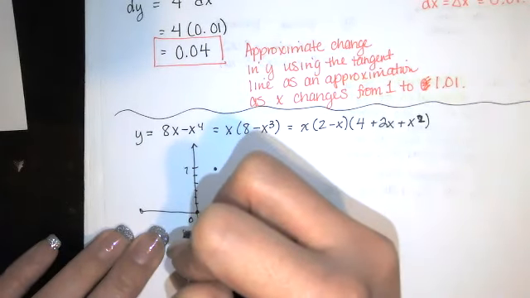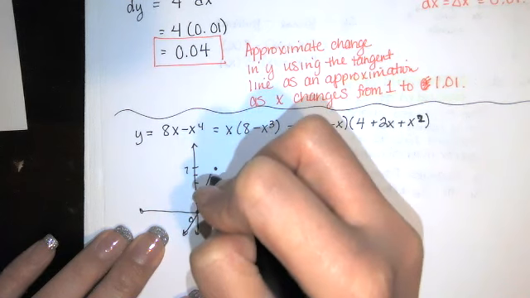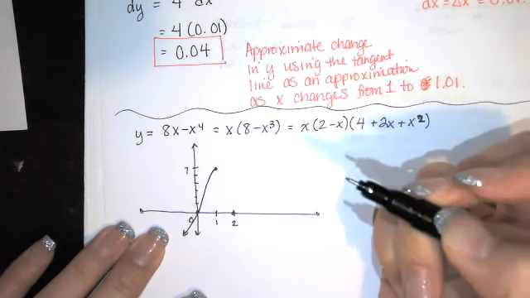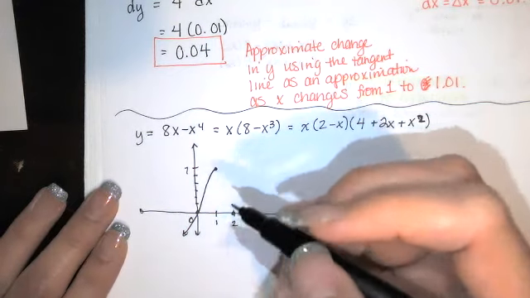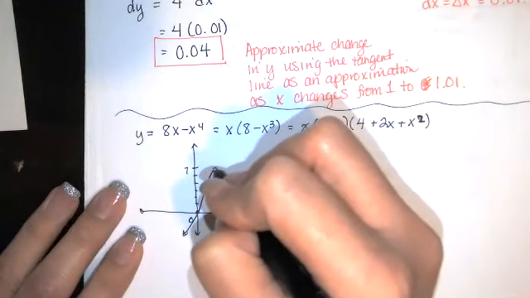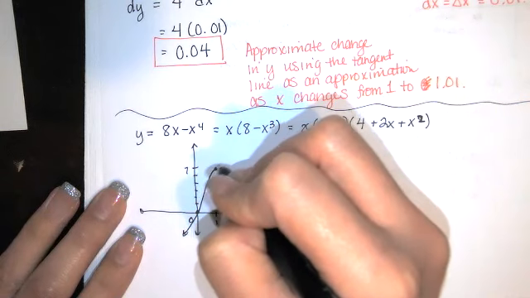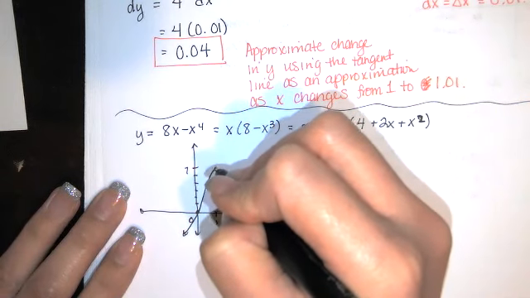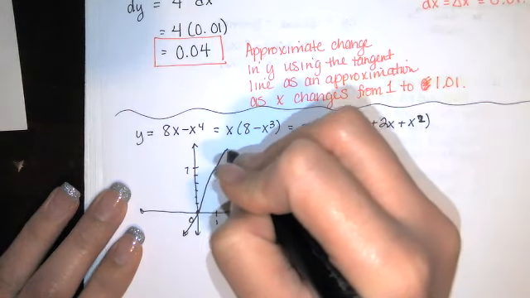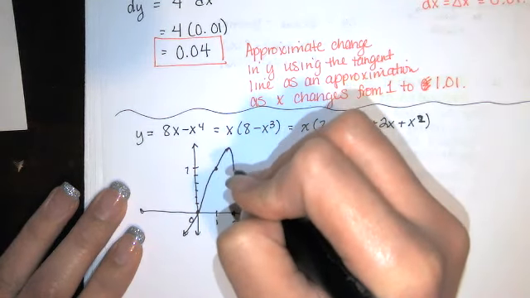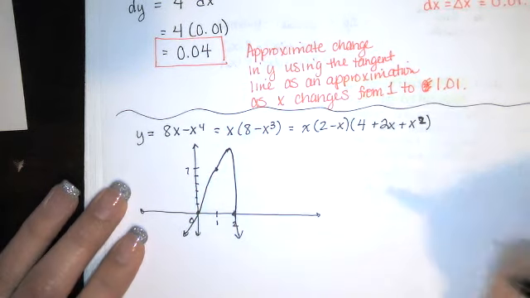So what we end up with is a function that looks roughly like this. Oh, actually, it has a slope of 4 right there. So it's going to keep going up for a while, and then eventually it has to come down at x equals 2 and then go down here.